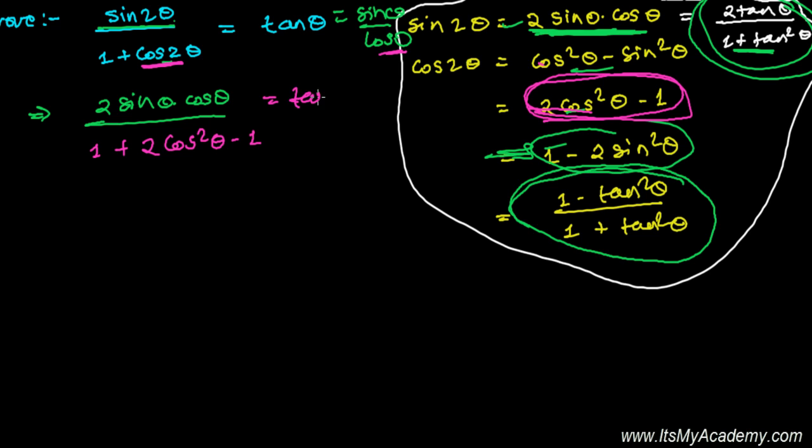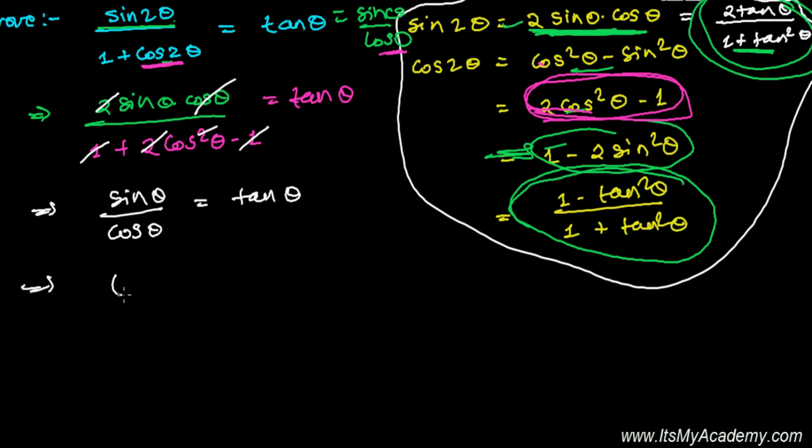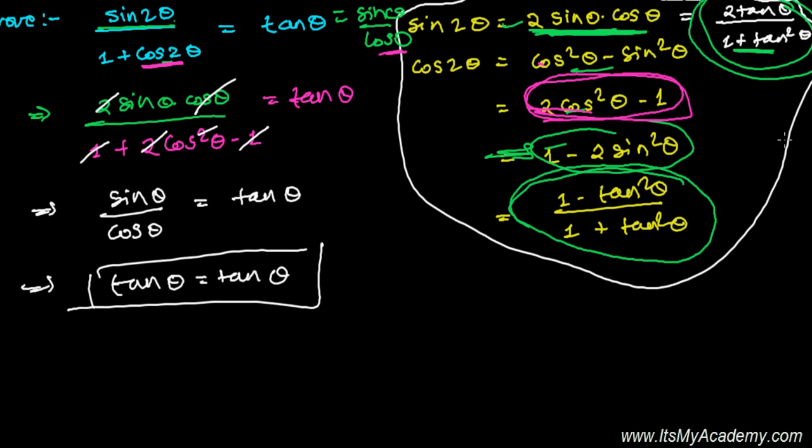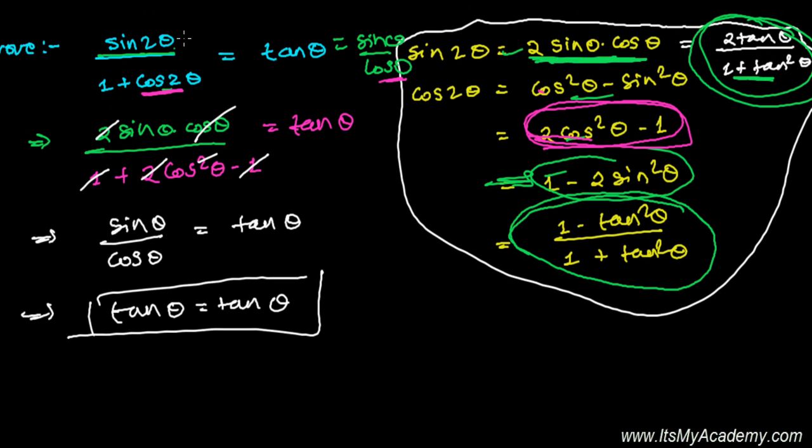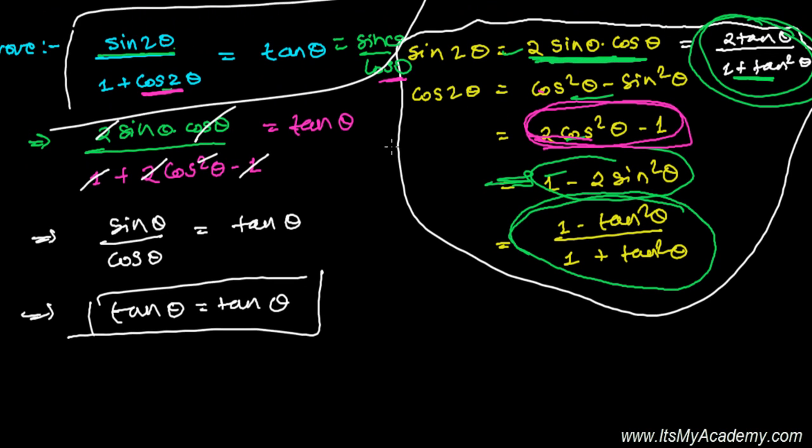The best part, my friend, is that this minus 1 and plus 1 cancel, this 2 and 2 also cancel, and the square on the cosine of theta cancels as well, and I'm left with sine theta over cosine of theta, which equals tan theta. So tan theta equals tan theta. Finally we got the solution we needed. Hence we proved it.